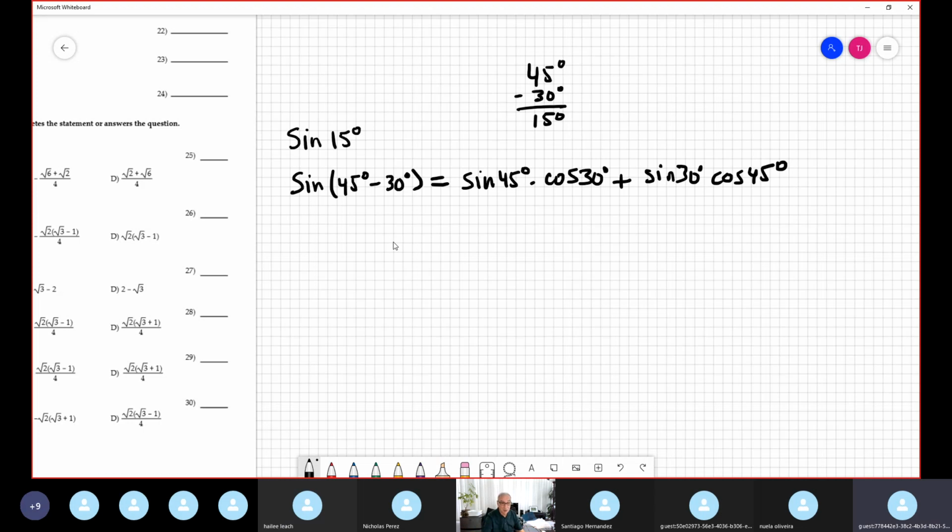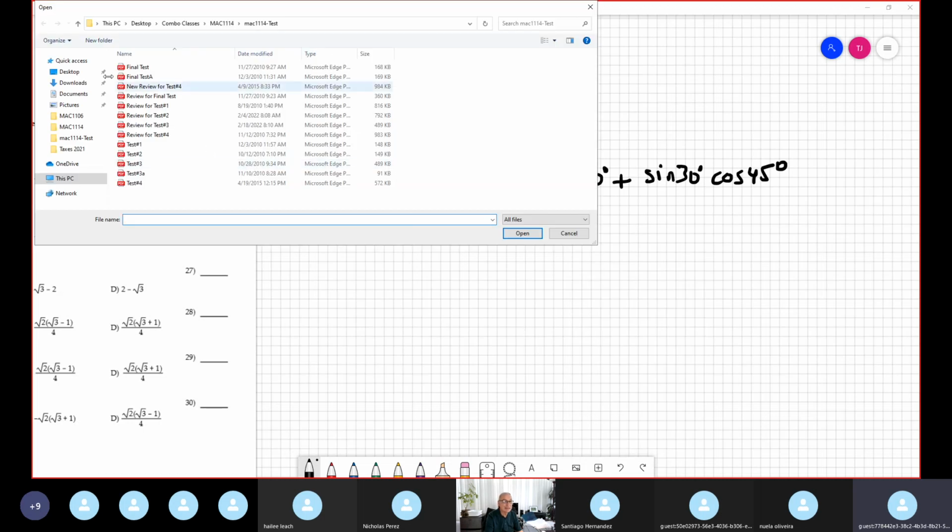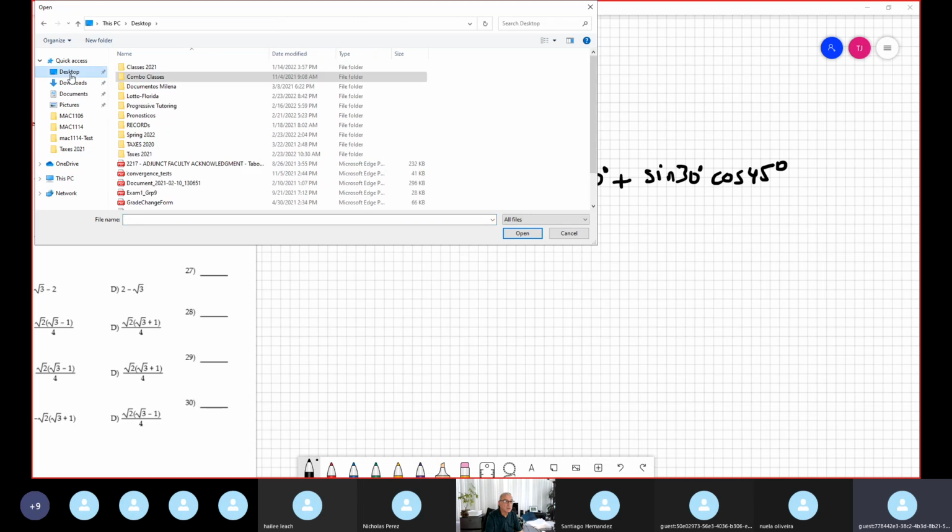No, it's plus. Let me show you. This is an important detail. Thank you for asking me this. This is a super important detail. Let me try to find the cheat sheet to show you specifically that formula or that identity.